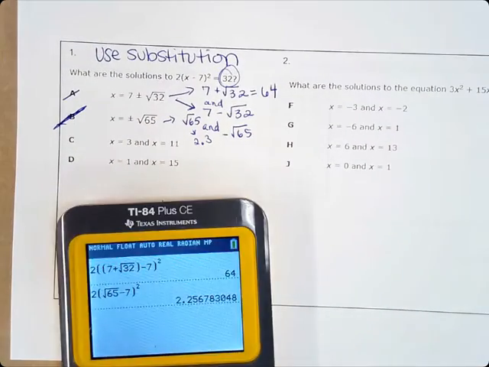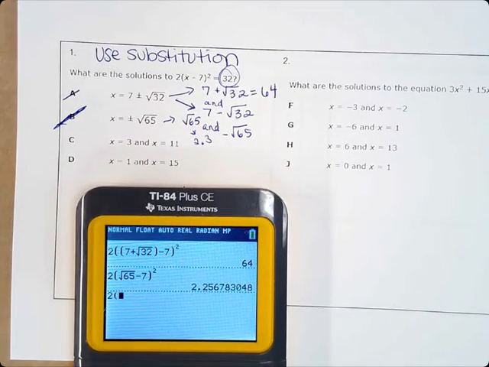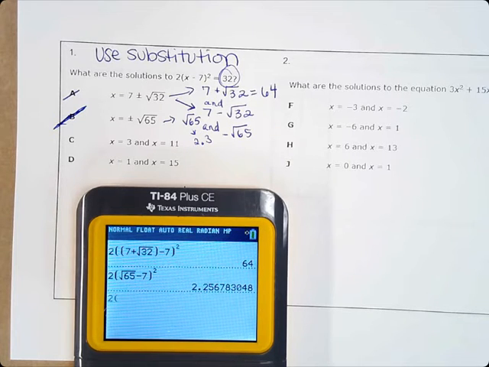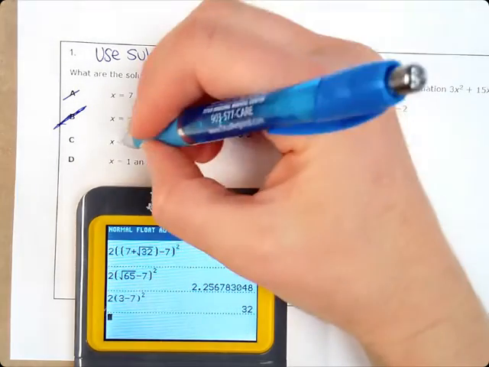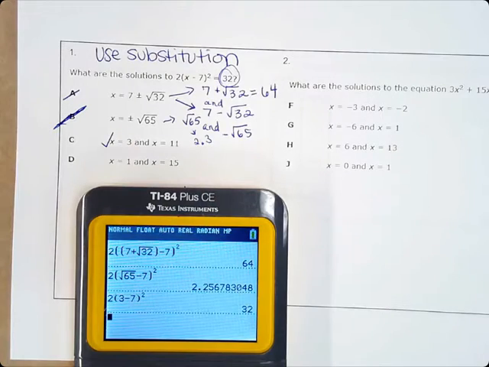And now plug in 3. Plug it in. Oh, that one worked. Now we need to check 11.